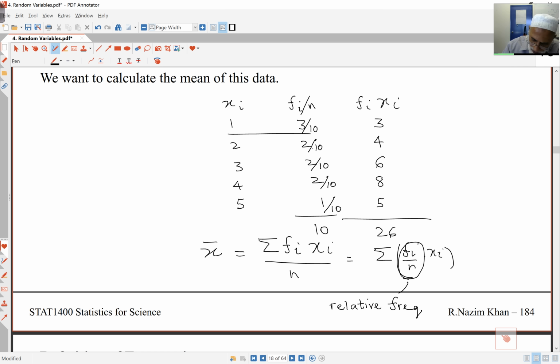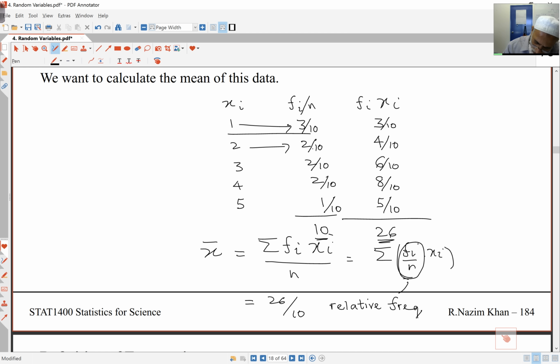And you can see if I now do the multiplication, the 1 times 3 over 10, I get 3 over 10. The 2 times 2 over 10, I get 4 over 10. And so on. I get 6 over 10, 8 over 10, and 5 over 10. And so previously my average was going to be 26 over 10. From my numbers here, the sum was 26 and altogether 10.